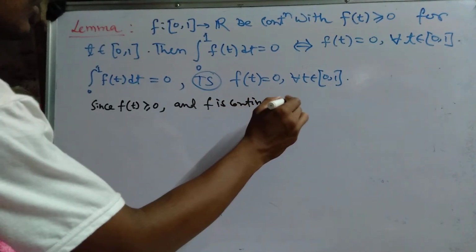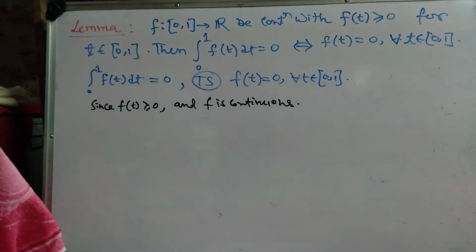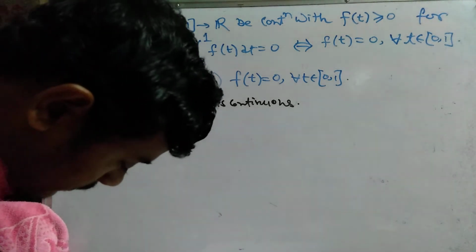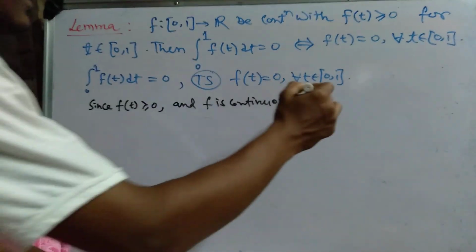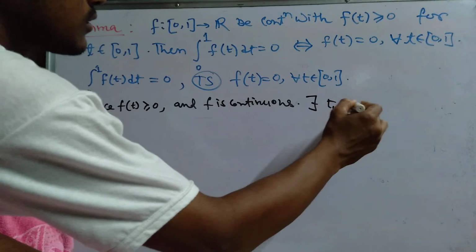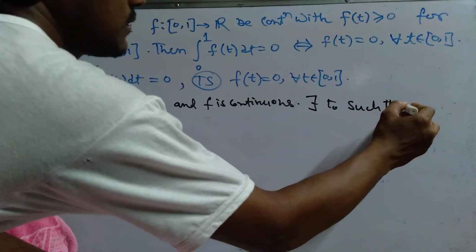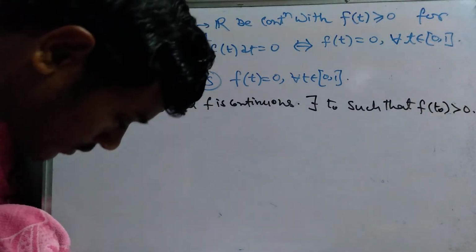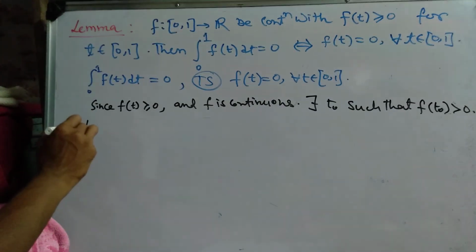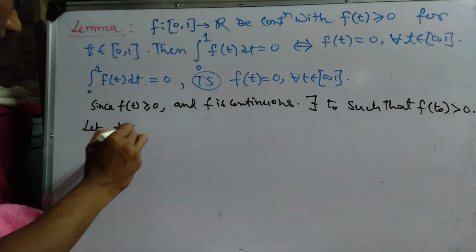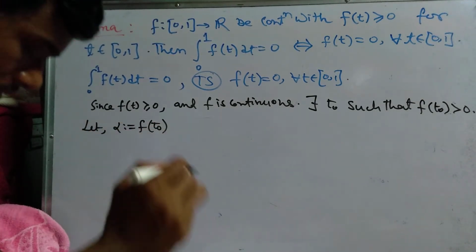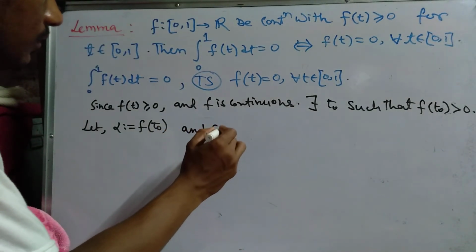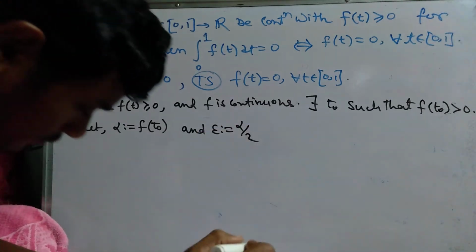if f is not identically 0, then there exists t0 such that f(t0) is greater than 0. Let alpha equal f(t0) and epsilon equal alpha by 2.